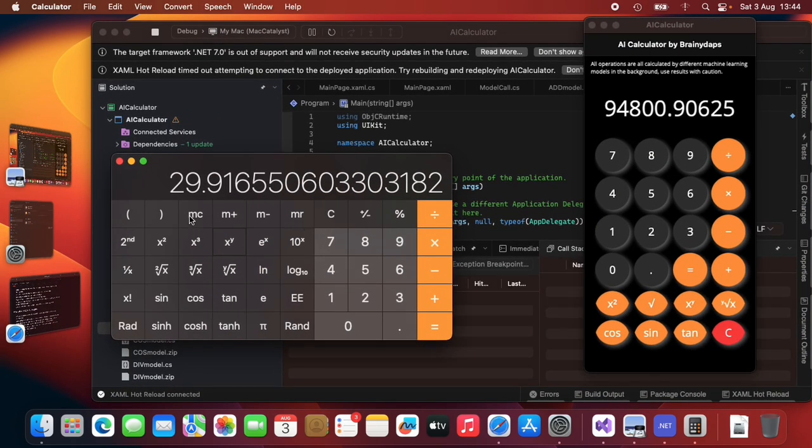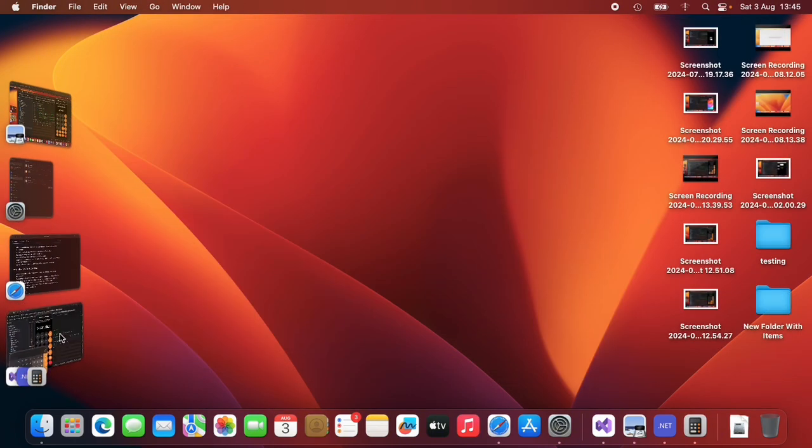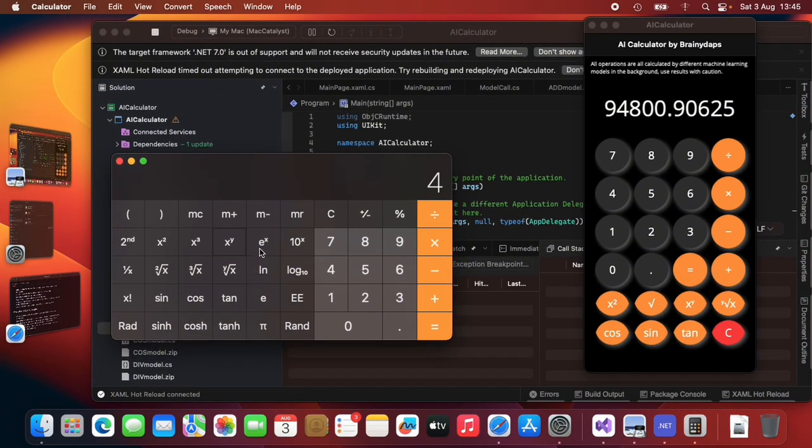I'm trying to clear it and it's just closing. Why does it keep closing? 4 raised to power 3. That's 64. But we got something else here.